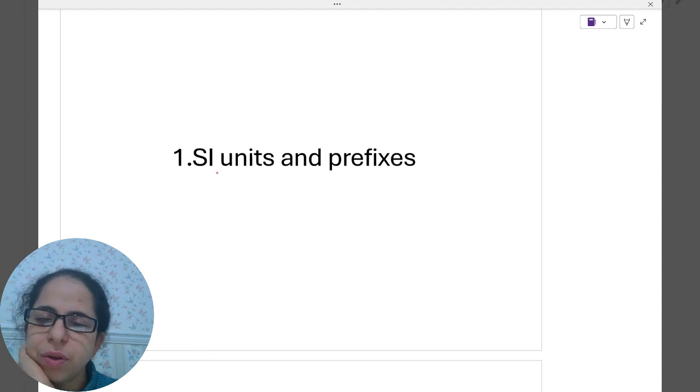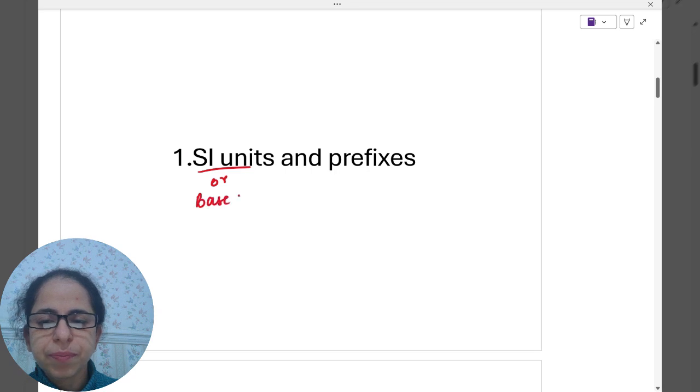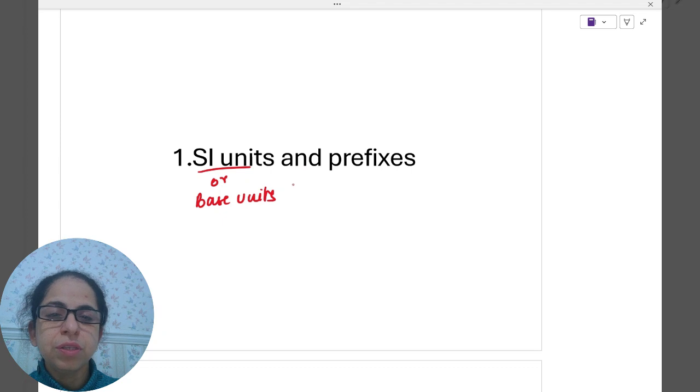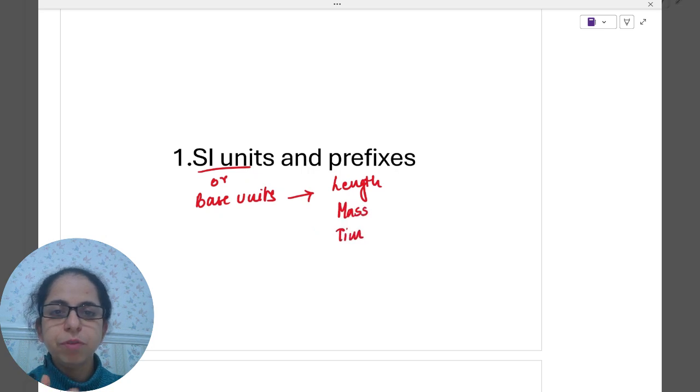SI units, or base units, are 7 fundamental units on which all the physical quantities in science are based. I'm going to talk about physical quantities first, and then about their units. So: length, mass, time, 3.